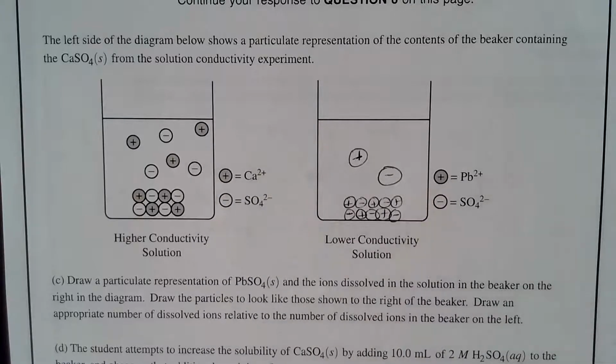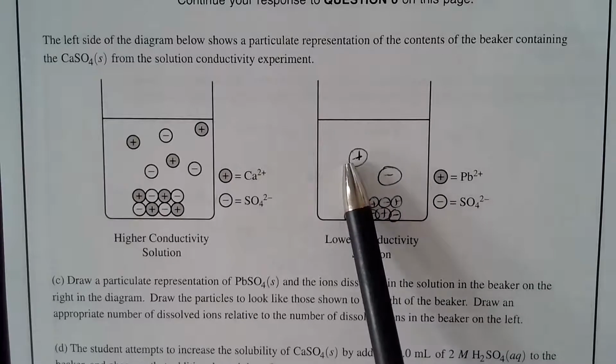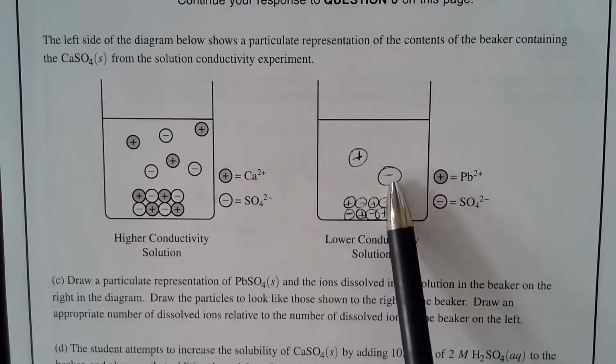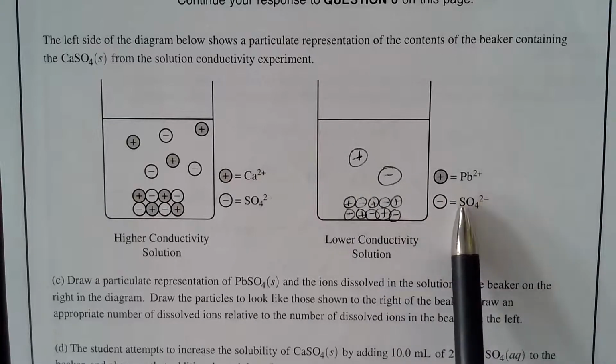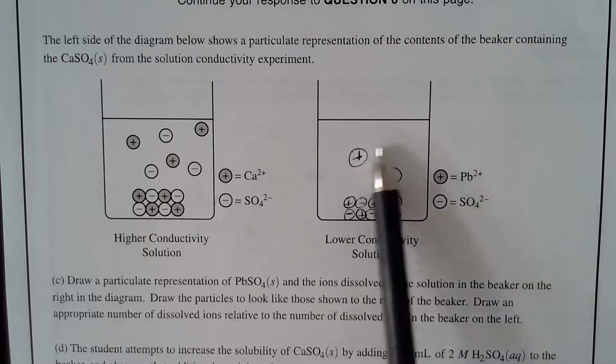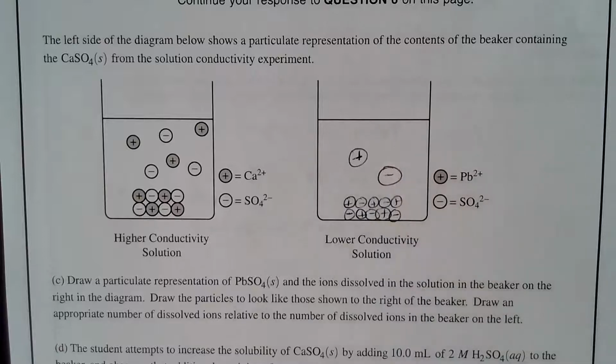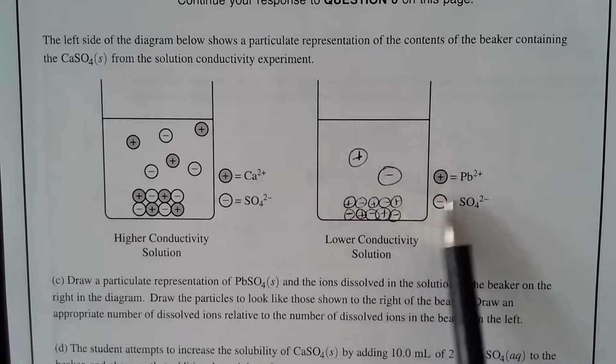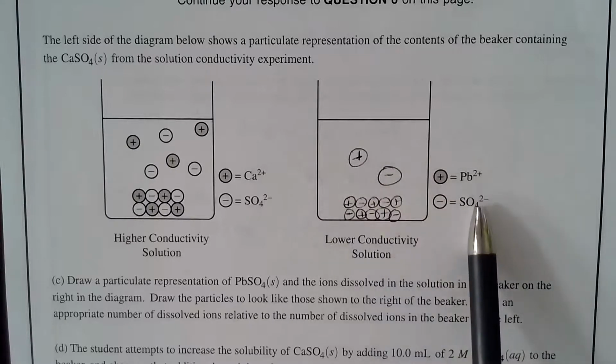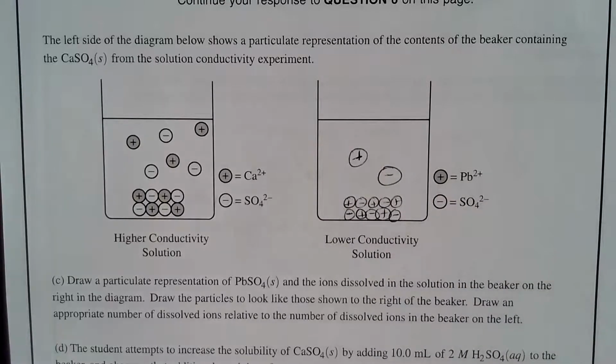Somebody brought this up in the previous classes. You need to have equal amounts of pluses and minuses in there because this is a 1-to-1 relationship. If this happened to be copper 1 and sulfate, then you would see 2 coppers in there and 1 sulfate, like we talked about way first semester stuff. So please be sure that you are proportional to what is dissolving in there, okay?